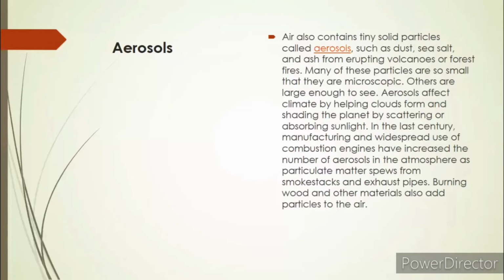In the last century, manufacture and widespread use of combustion engines have increased the number of aerosols in the atmosphere as particulate matter emitted from smokestacks and exhaust pipes. Burning wood and other materials also adds particles to the air.